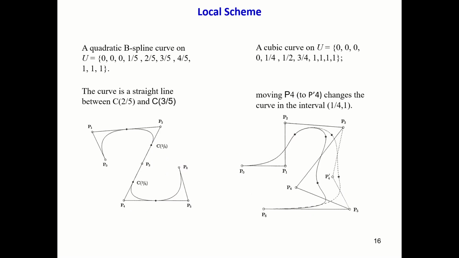Here we have some examples of this local scheme. First, we'll look at the quadratic B-spline curve, which is defined on u for the following parameters. Here we can see that for this quadratic B-spline curve, the curve is a straight line between 2/5 and 3/5.